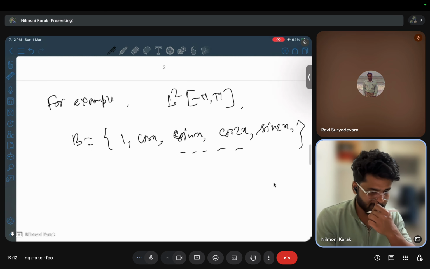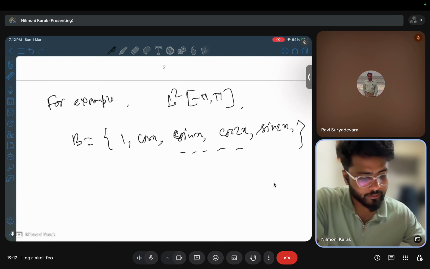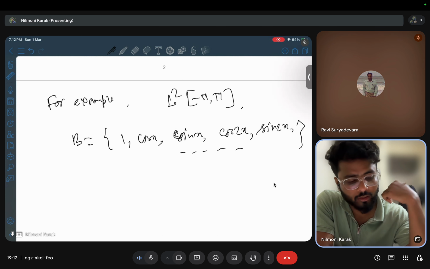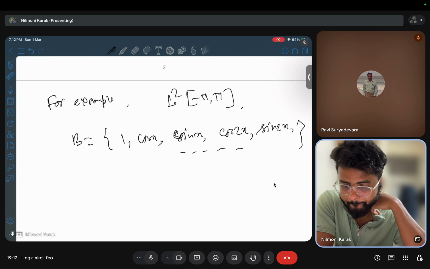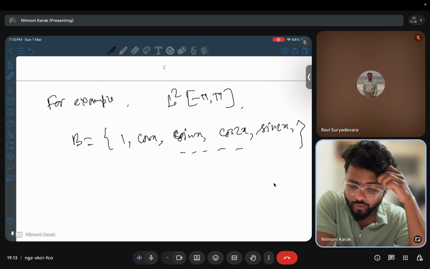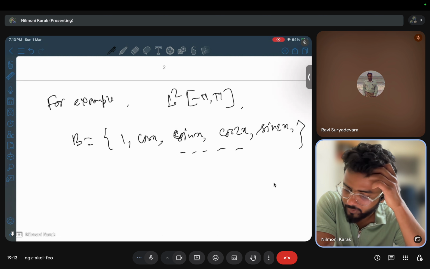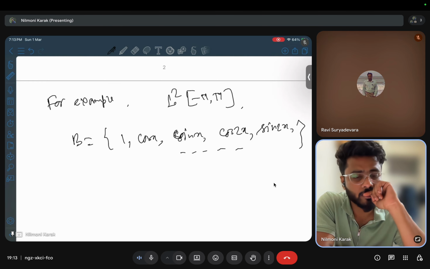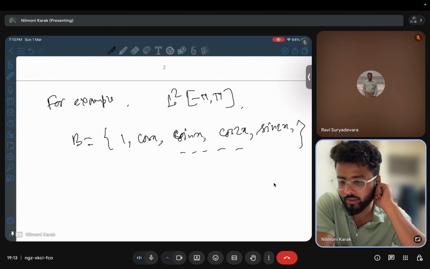This provides an orthogonal system, not only orthogonal, complete orthogonal. So is it clear, what is an orthogonal system?